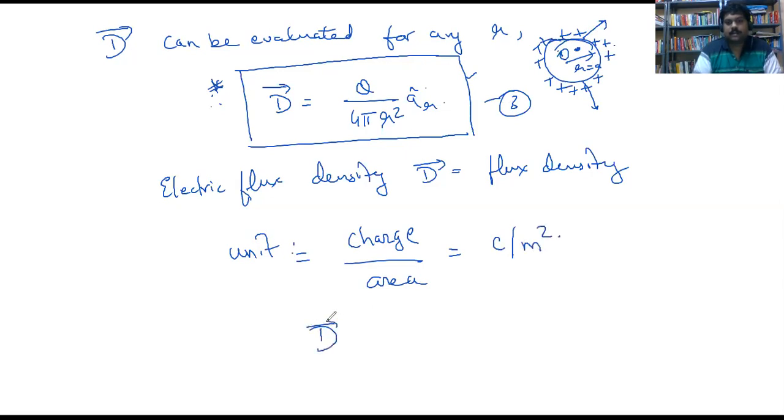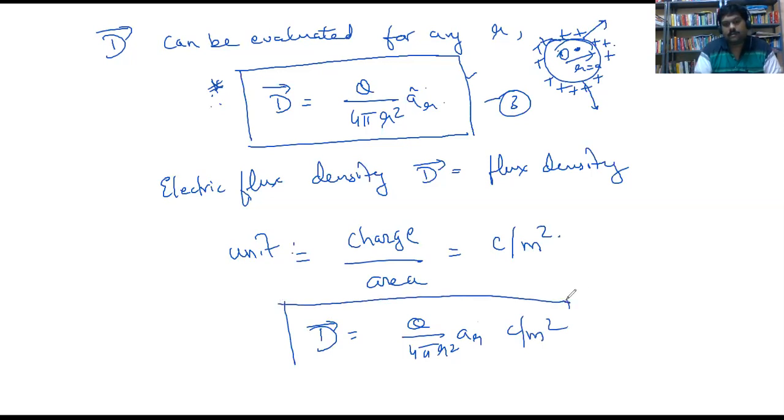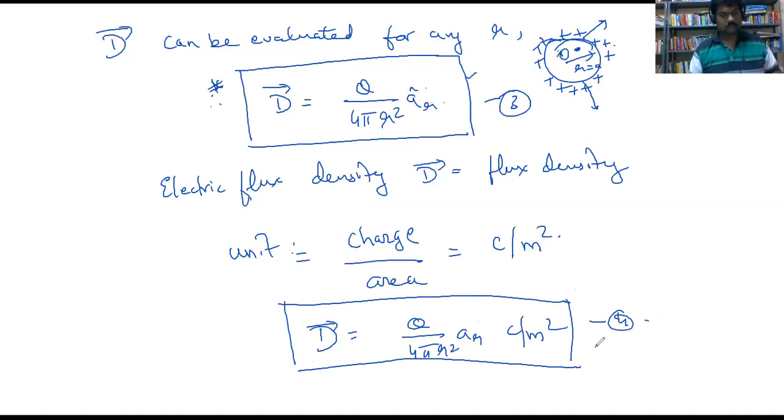So flux density D equals Q by 4 pi R square into AR coulomb per meter square. Understood.